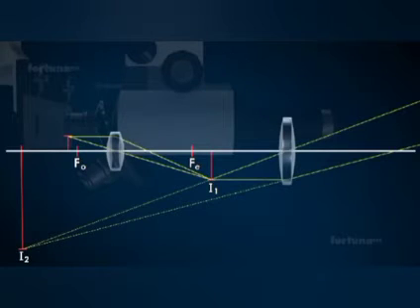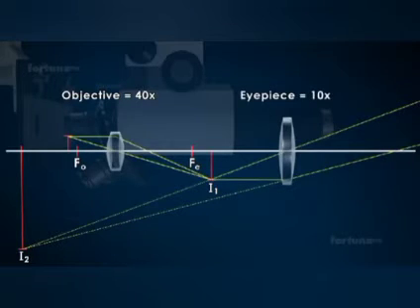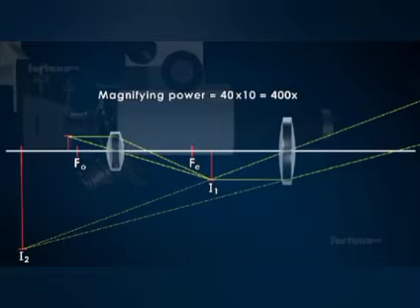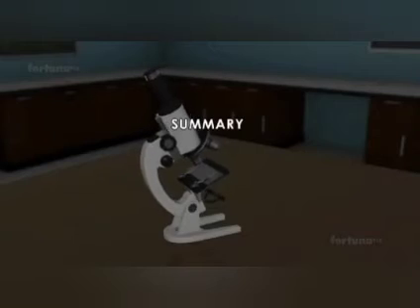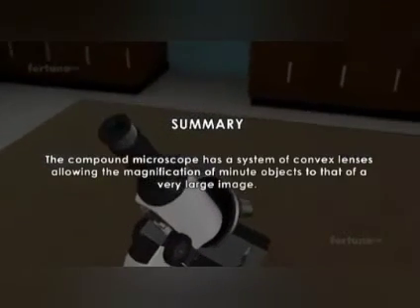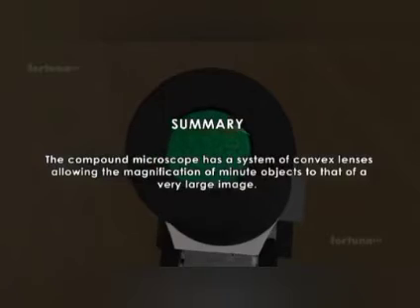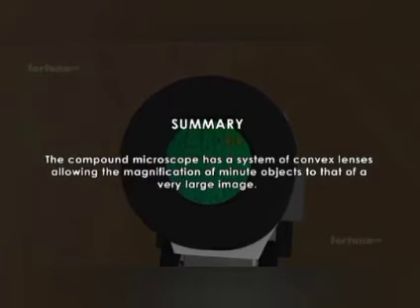For example, if the objective has a magnification of 40x and that of the eyepiece is 10x, then the magnifying power of the microscope is 400x. Summary. The compound microscope has a system of convex lenses allowing the magnification of minute objects to a very large image.